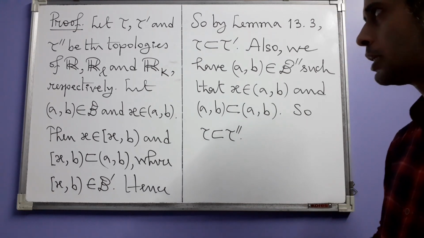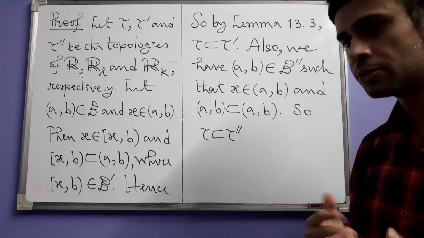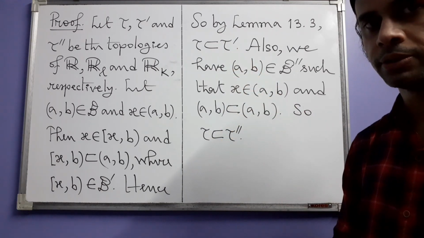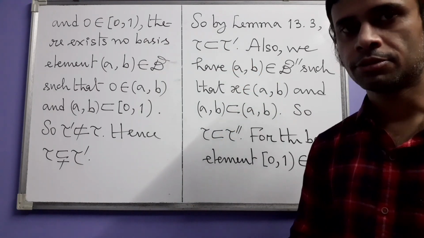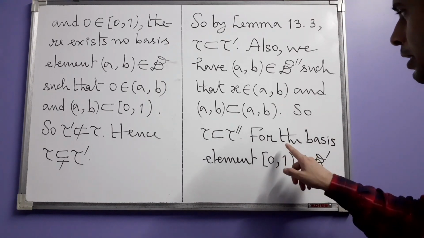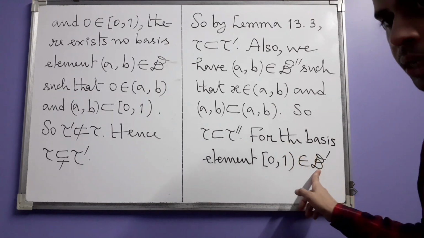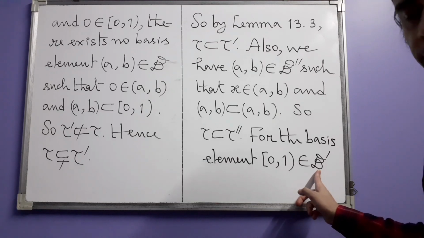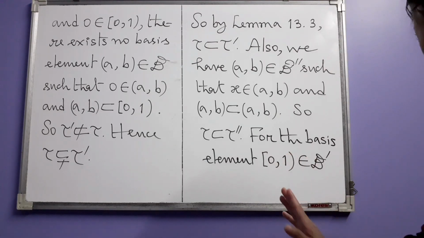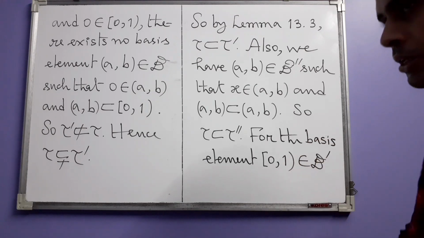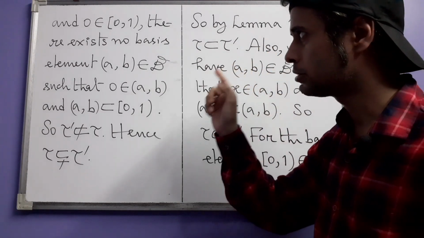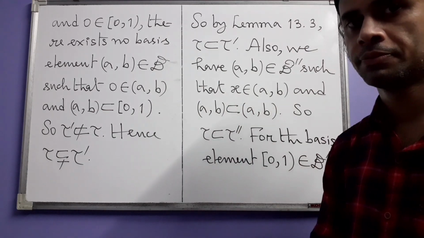But we have to show that these containments are strict, that is, these are strictly finer than the standard topology. To show that strict containment, what you do this time, you take a basis element of the lower limit topology, that means tau prime. Say this basis element, closed open interval [0, 1), and you concentrate on the point 0 from this.